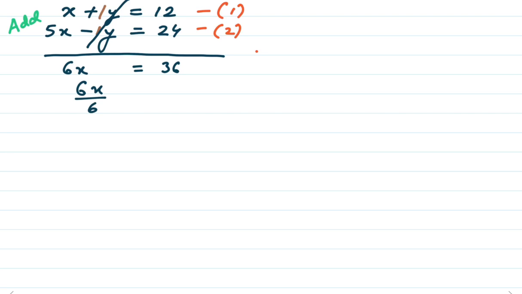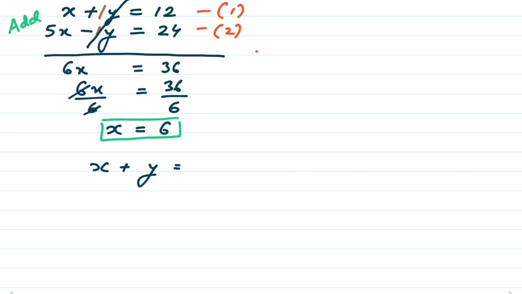So your x is going to be 6. Now that we have got the x as 6, for the y, let me take the first equation, which is x plus y is equal to 12, and replace the x, which is 6, here.